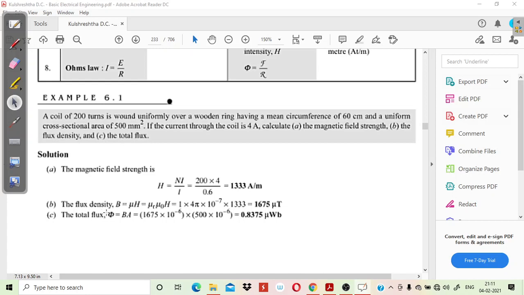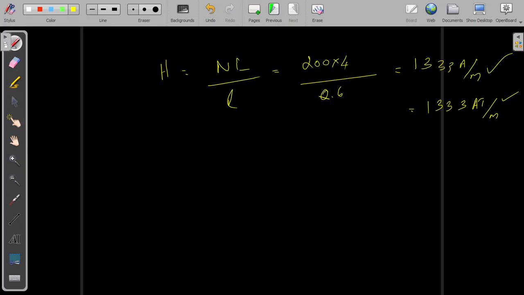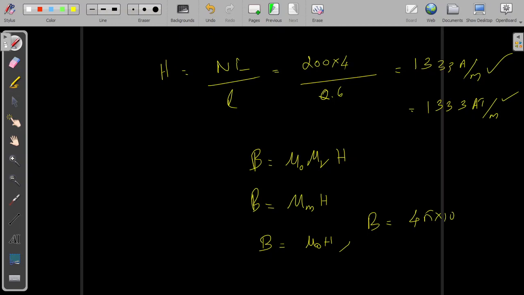Now the flux density. We have the formula B equal to mu 0 mu r H, or B equal to mu m into H. Here B is equal to mu 0 H. So B is equal to 4 pi 10 power minus 7 into 1,333, that much Tesla or Weber per meter square.